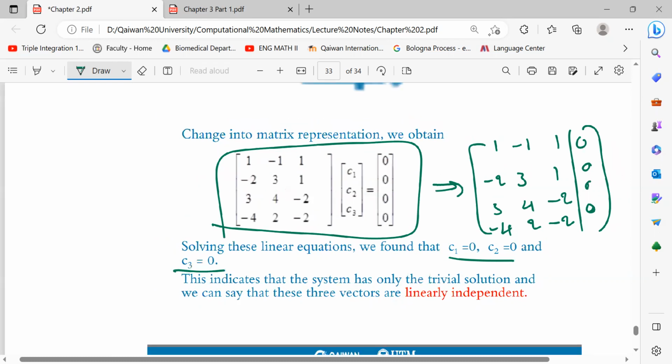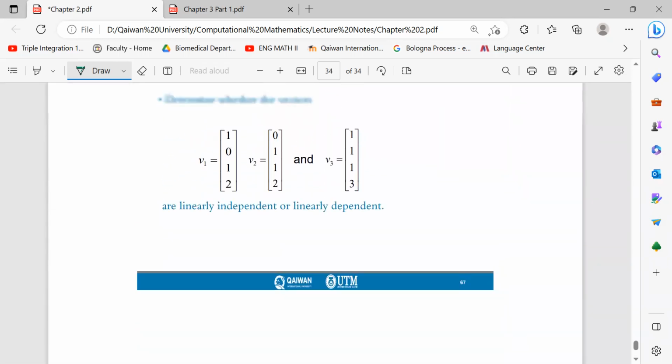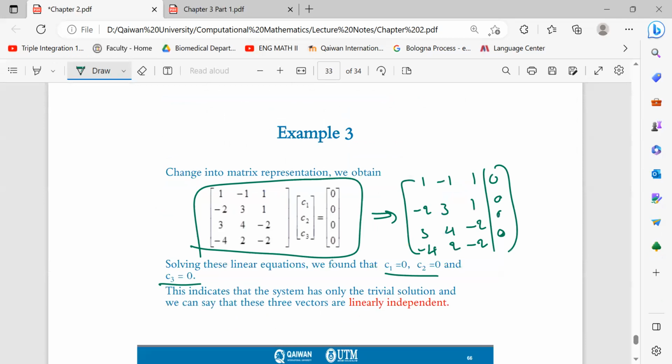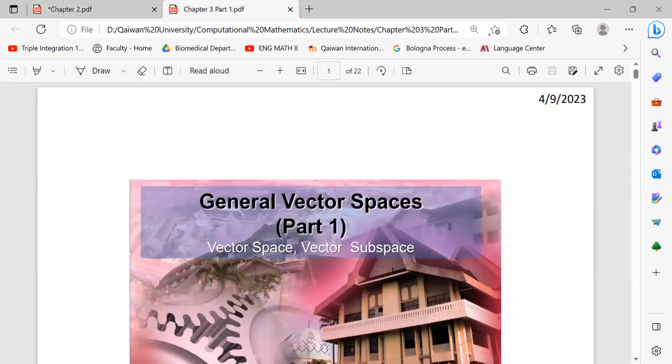Okay? And so it's the end of this chapter. If you have no questions, I go on to the next chapter. In this chapter, we have some parts. In all, we talk about vector spaces.